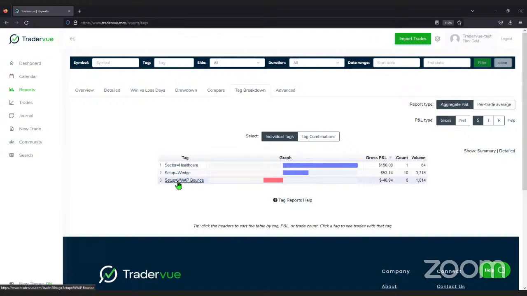This is something that you can do using the tag breakdown. You guys probably know firms such as SMB and 7 Points Capital. Most of those professional traders use Tradervue, and so they use this feature a lot. That's something that I think is really valuable. Of course, you can get more information here in the tag reports help.